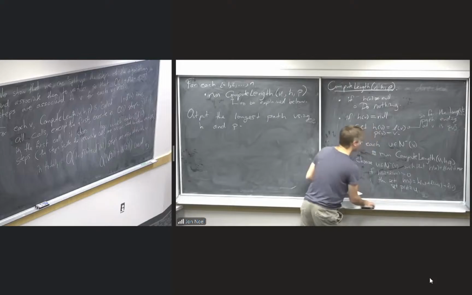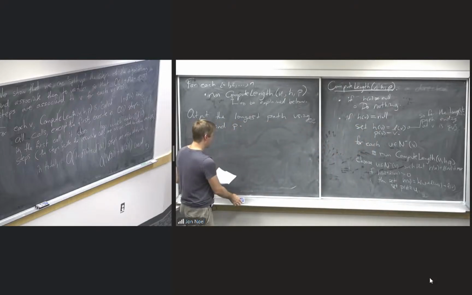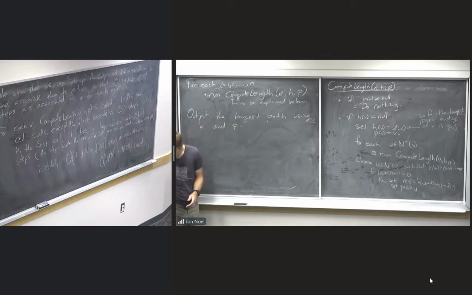So this is the idea of dynamic programming. In some sense this is closely related to what we did in Dijkstra's algorithm. Maybe Dijkstra's algorithm isn't quite dynamic programming, but these are extremely related ideas.